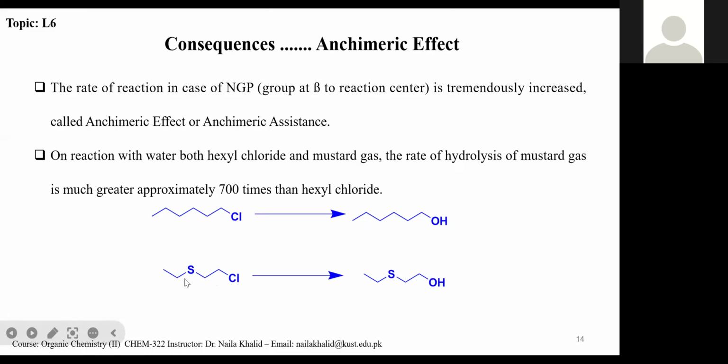A cyclic intermediate is formed, and the coming nucleophile will attack on this carbon, and then this is opened. So this type of reaction is due to neighboring group participation. This is the neighboring group. It is 700 times faster than this one.